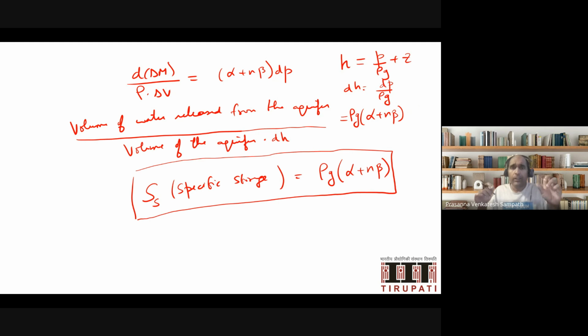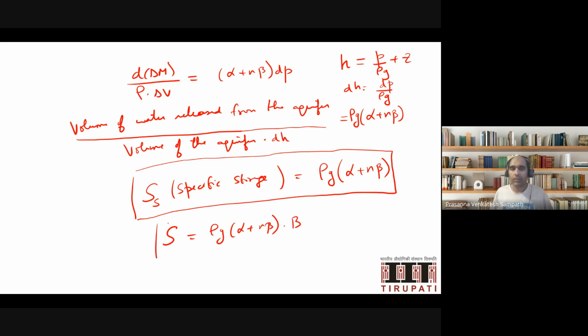Now, I derived this entire thing for that little box in that imaginary control volume. So suppose I integrate this over the entire thickness of the aquifer. What will I get? I will get S, which is my storage coefficient, equal to rho g times alpha plus n beta multiplied by B, the thickness of the aquifer.